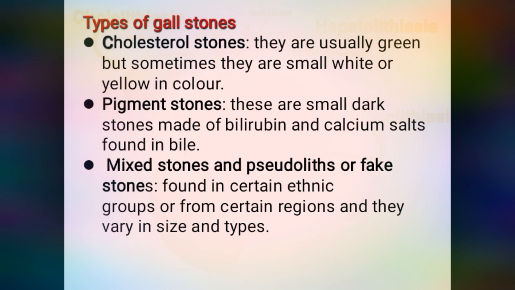So cholesterol stones are the stones known to be caused by the high concentration of cholesterol within the gallbladder. In appearance, when viewed, they appear green and sometimes yellow or white in color. So it is caused by the presence of a high concentration of cholesterol.